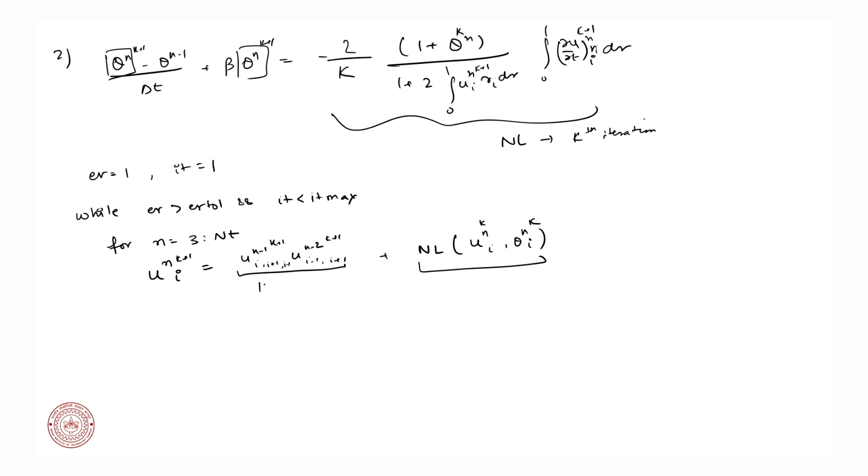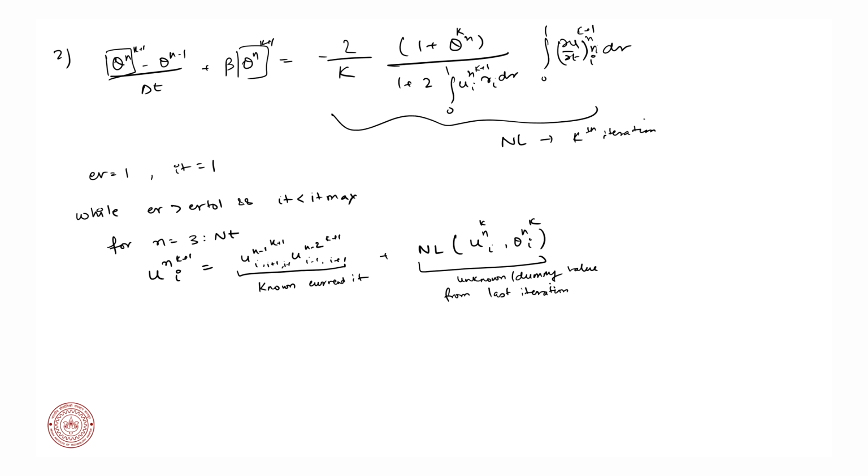So, this is known from the current iteration, and this is the unknown, so dummy value from the last iteration.